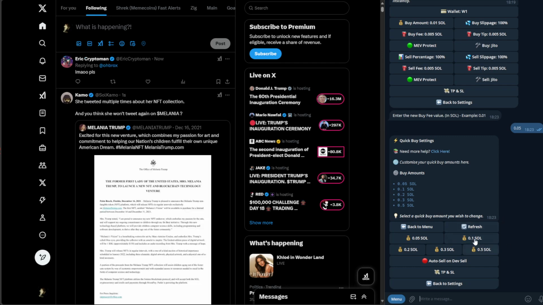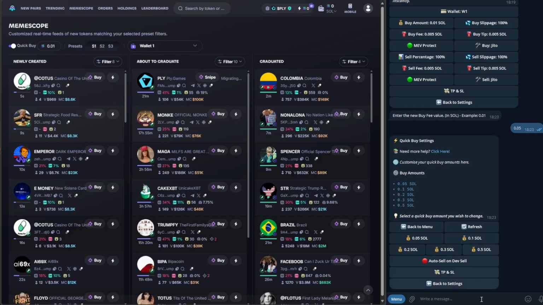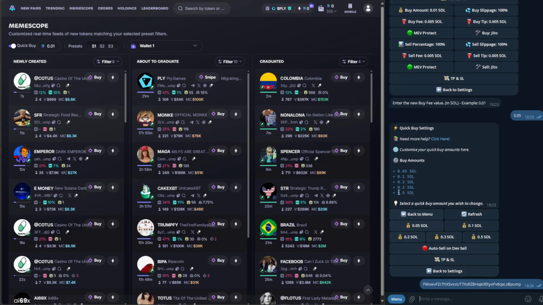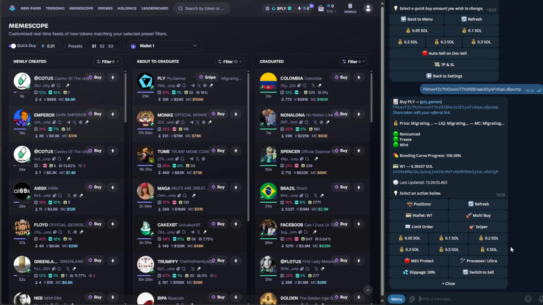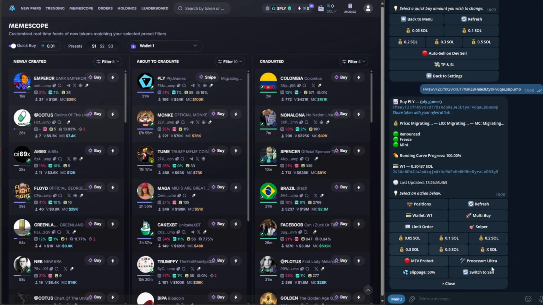It'll just let the transaction go through. That button will also come up when you paste in a contract address. So for example, if I paste in the CA here from Photon, as you can see, these are my default buy amounts.